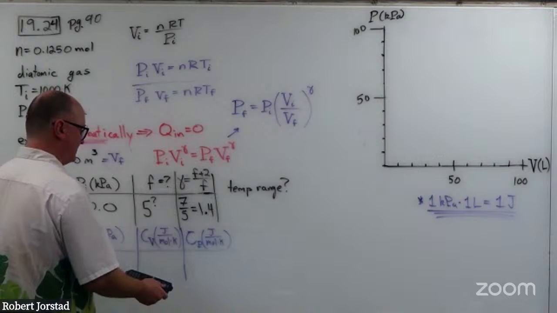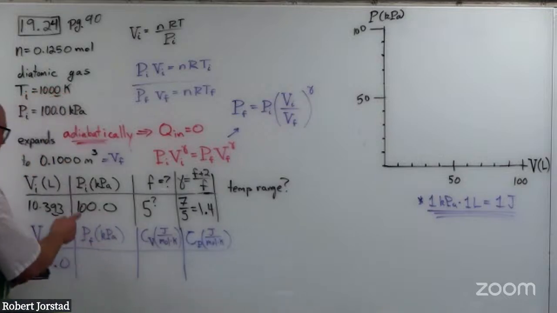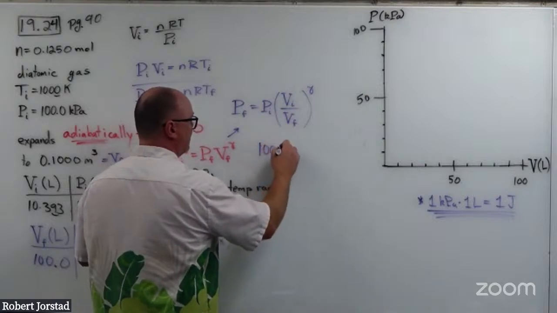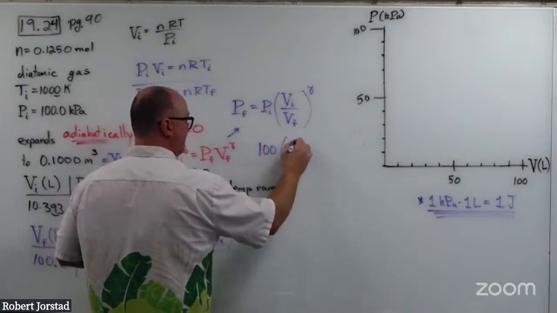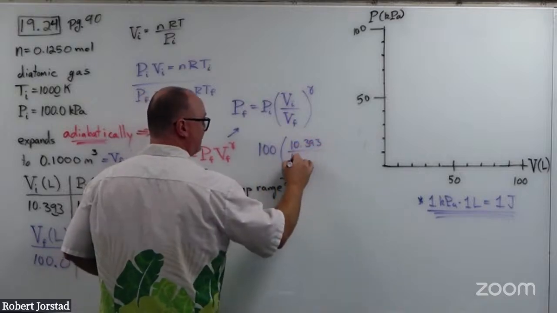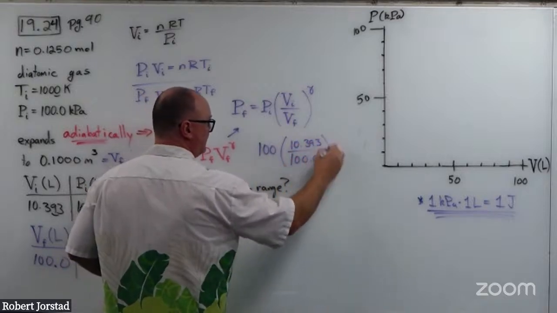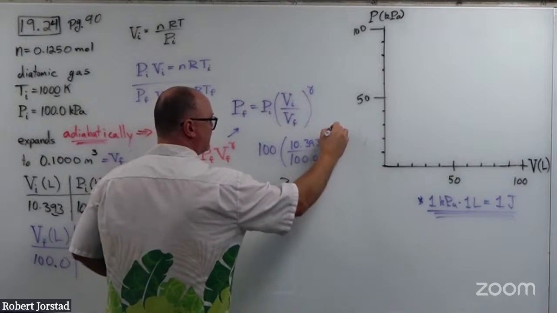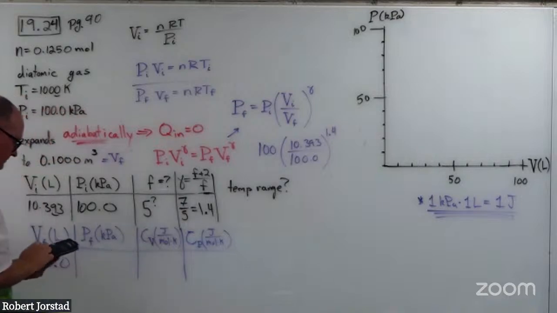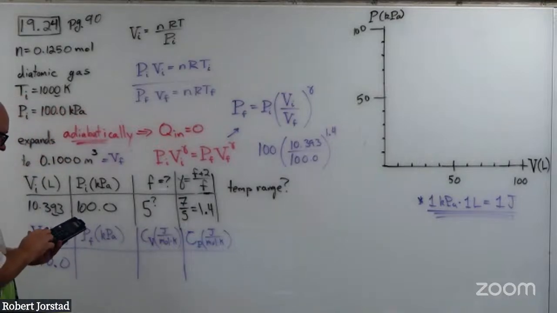P initial was 100. Okay, so I'm just gonna write this out so I don't screw it up. V initial is 10.393. V final is 100. And then raised to the gamma, which is 1.4. All right, let's see what we get. 10.393 divided by 100.